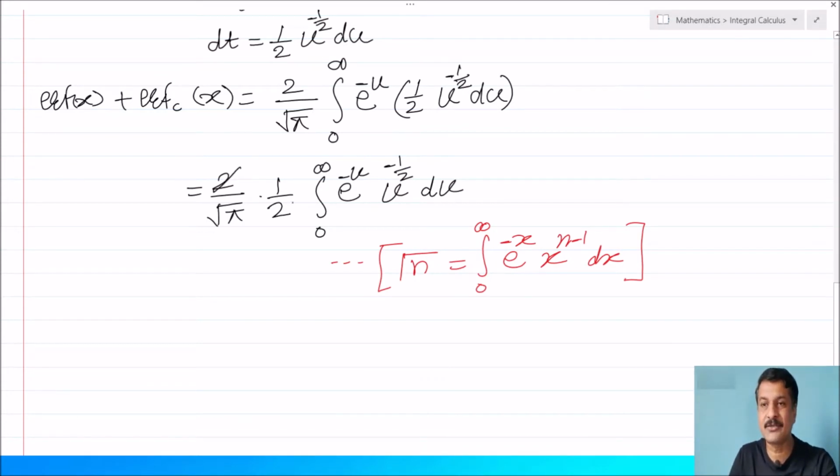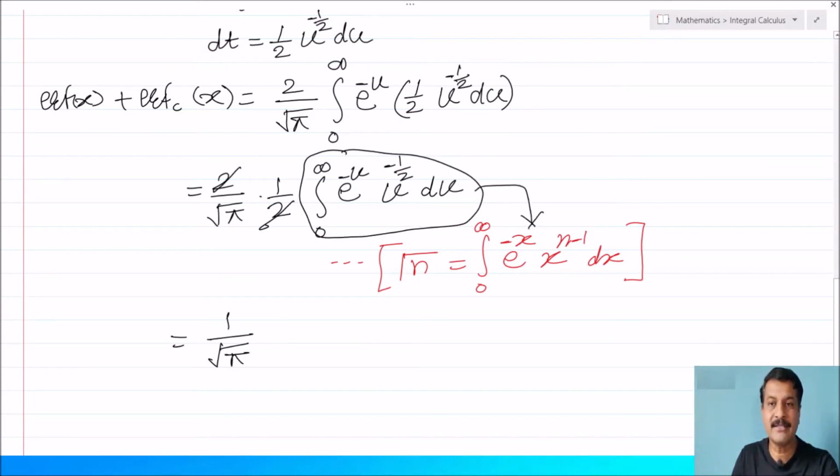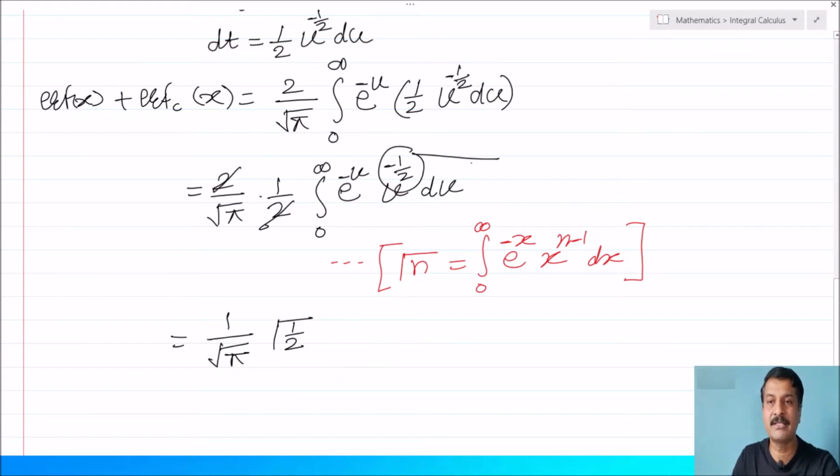Before that, the 2 and 2 get cancelled, and outside 1 upon root pi as it is, this is the constant. Now about this integration, if we compare with the gamma function, I am getting here gamma of 1 by 2 because power plus 1.